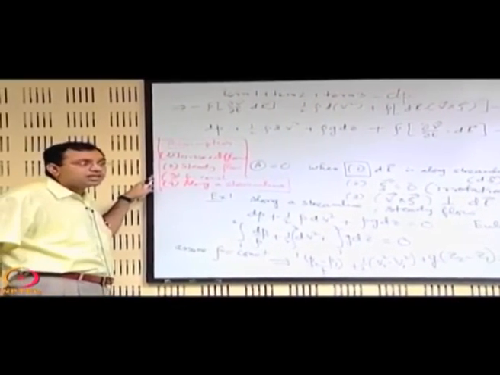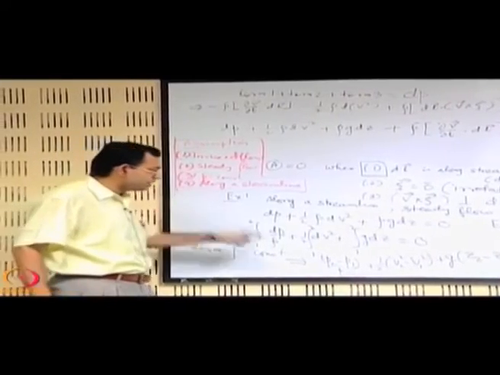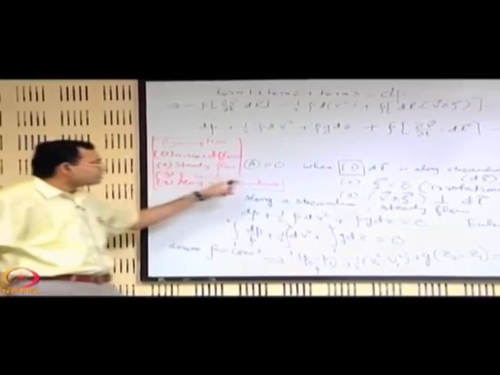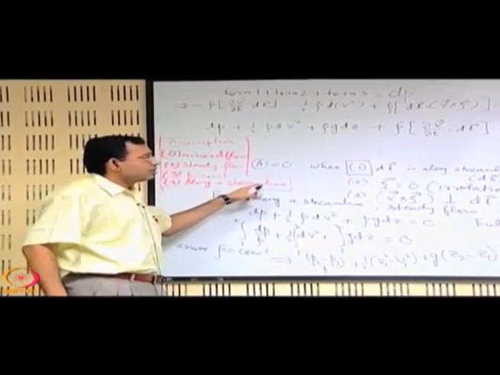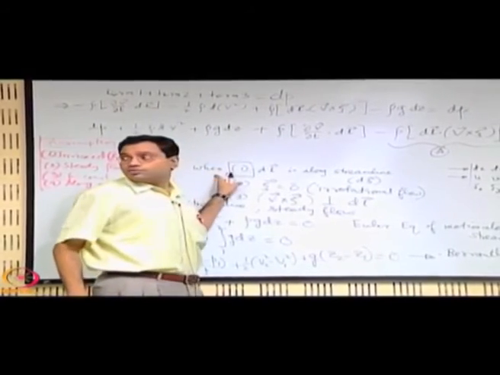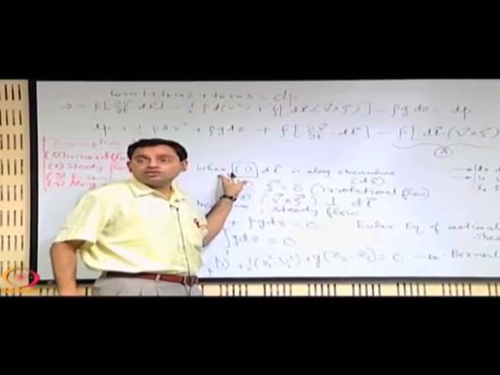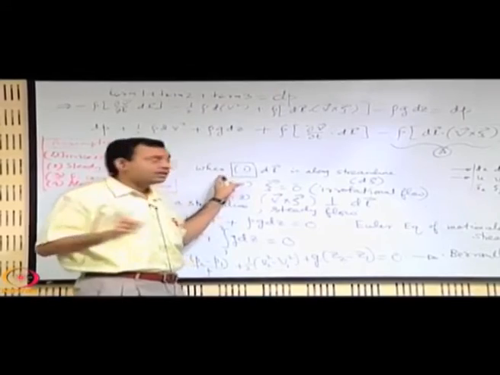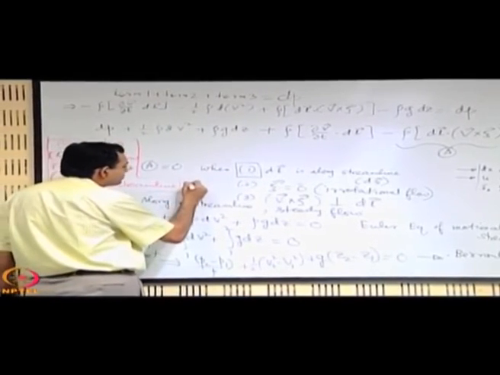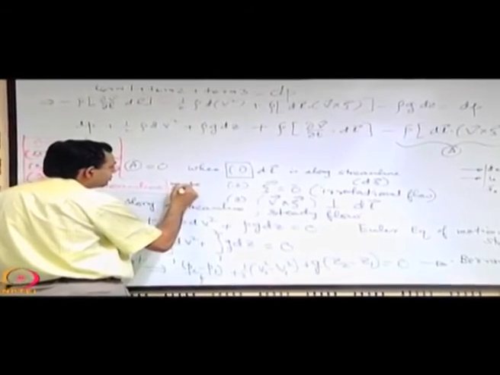Rho equal to constant is always required, because you are taking rho equal to constant and taking it out of the integral. And along a streamline is required for this special case when you are not bothered about whether it is irrotational or not. If it is irrotational, then this need not be the case, so it may be relaxed for irrotational flow.